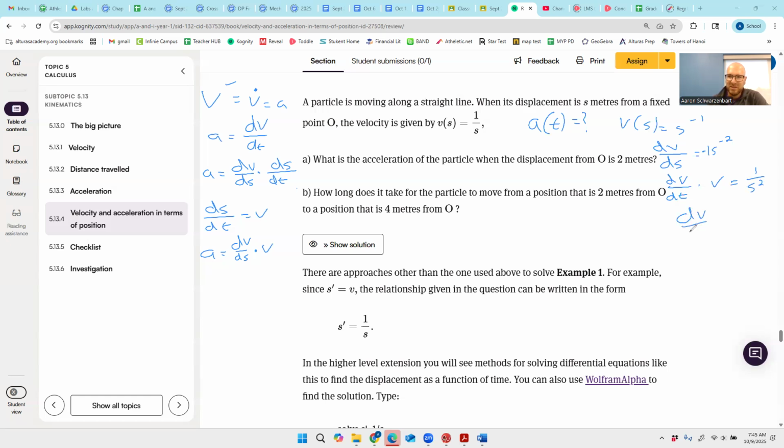So dv dt, or the acceleration, equals, now I'm going to divide by v, 1 over s squared times 1 over v. v is 1 over s, so 1 over 1 over s, which is simply s over 1, which means the acceleration is 1.